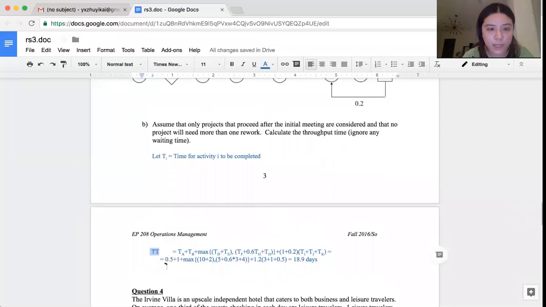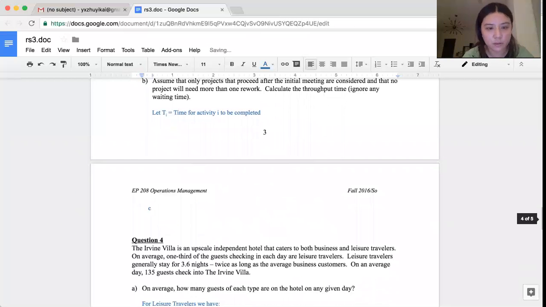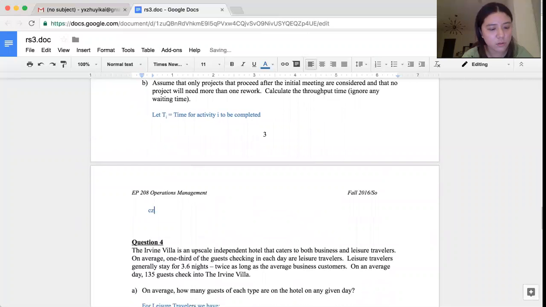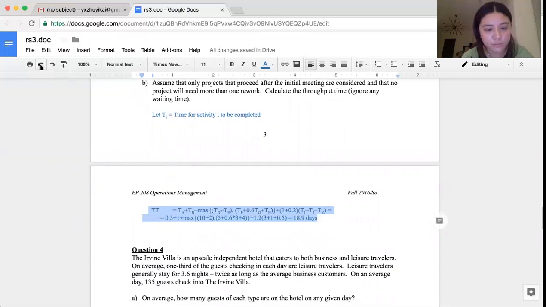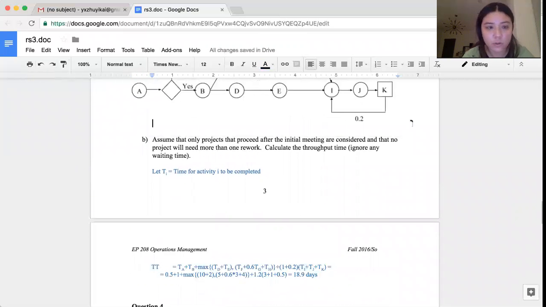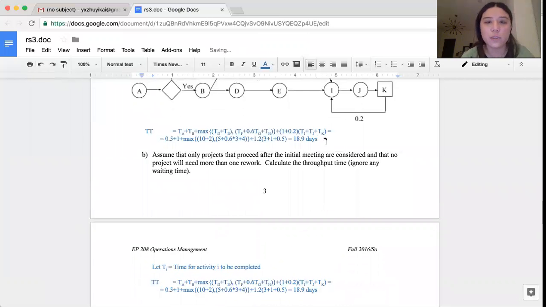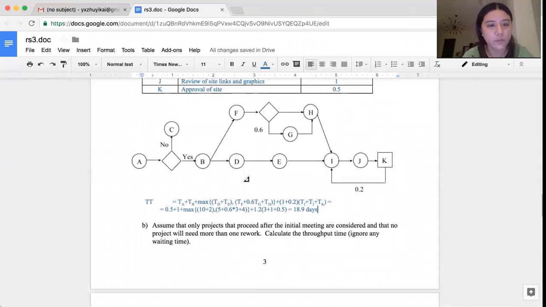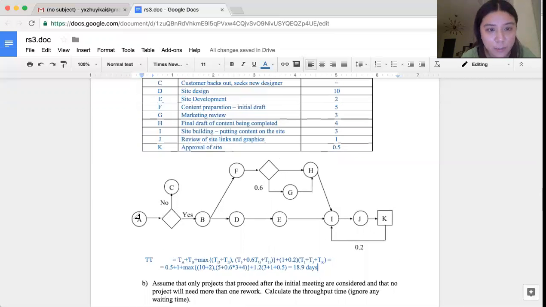We should calculate the total time based on the flowchart. So for step A, we need to calculate all the time on the flowchart. How to calculate it?